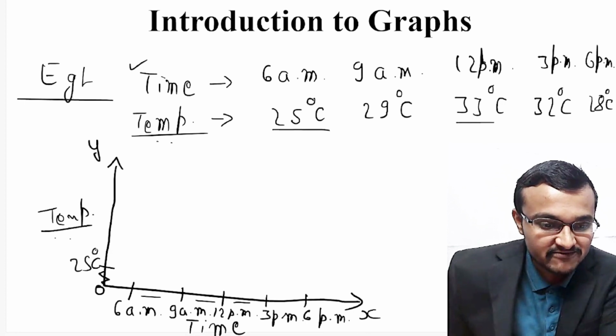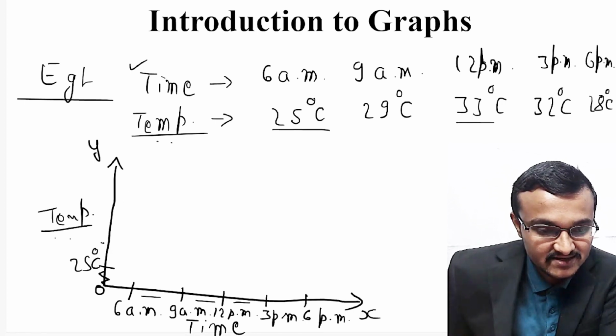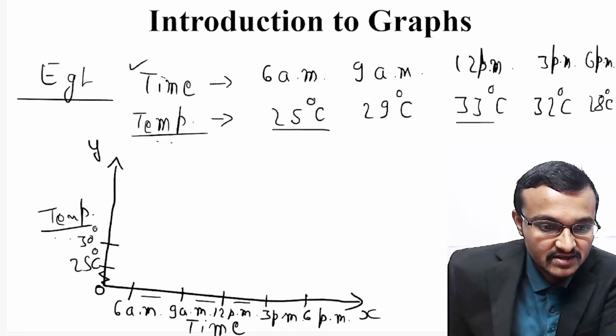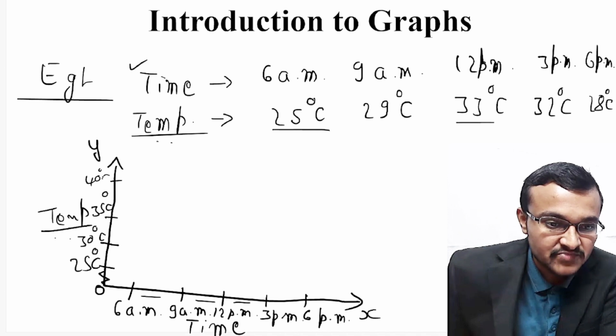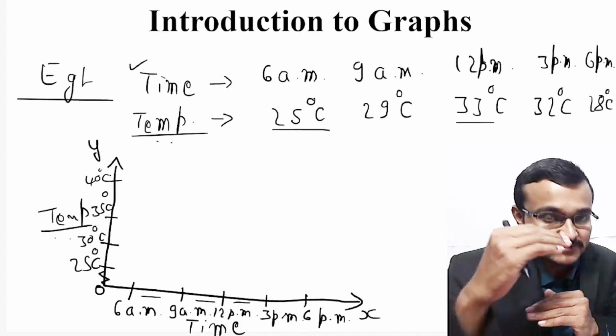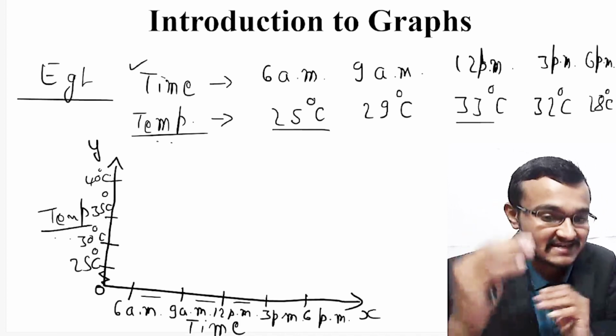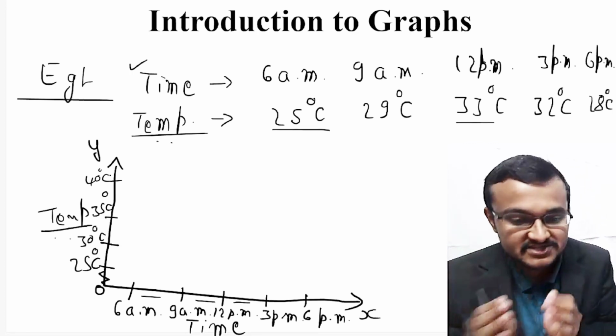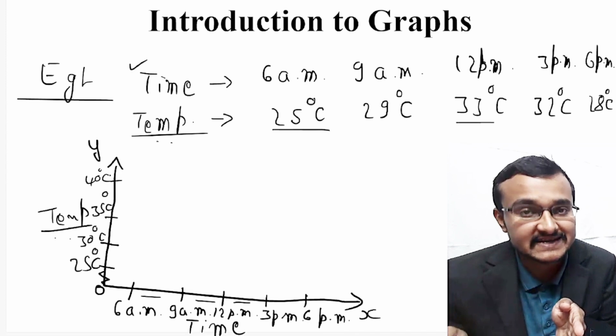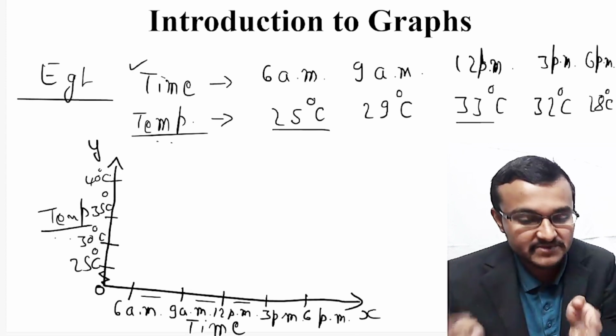From 25 degrees Celsius, I will next take 30, then 35, and next 40 degrees Celsius. This is the scaling which I am doing on the y-axis, where the difference between each unit on the y-axis is 5 degrees Celsius, and the difference between each unit on the x-axis is a 3 hour gap.